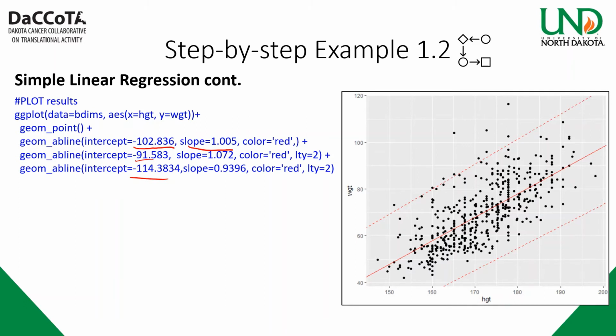So this is the best fit. That, yeah, there's a pretty like 1-to-1 relationship. As height goes up 1, weight goes up 1. And there's a fair degree of uncertainty, though.